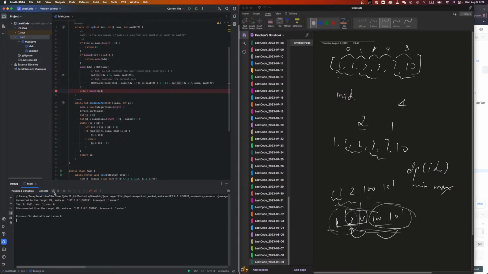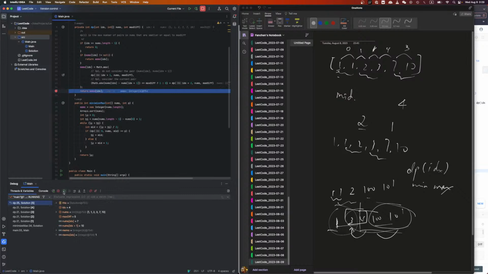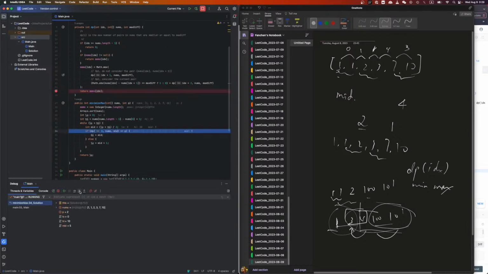How? Hold up. Right? High is 10, mid is 5. So high equals mid.